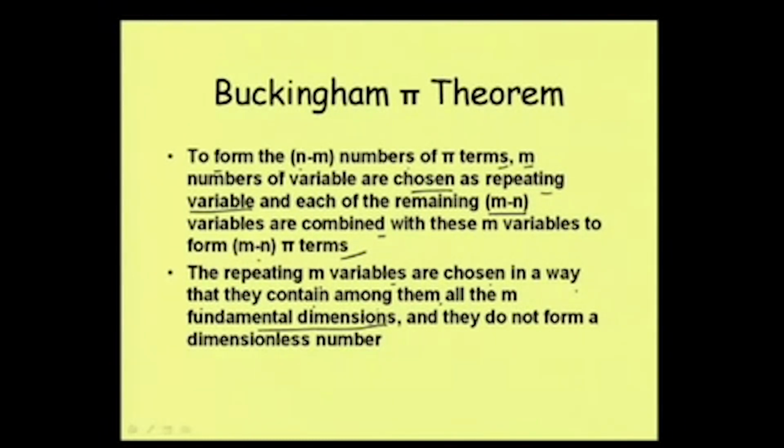And the second point is that they do not form a dimensionless number. If these 3 variables, when combined, form a dimensionless number, then it will be a problem. It will not serve our purpose. So these 3 should not form a dimensionless number. That is the criteria for selecting the repeating variables.